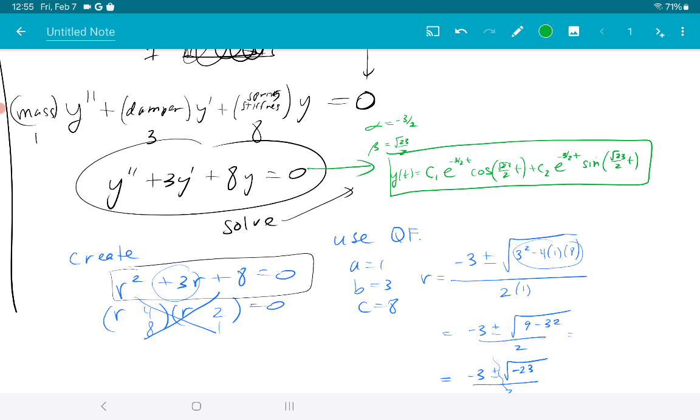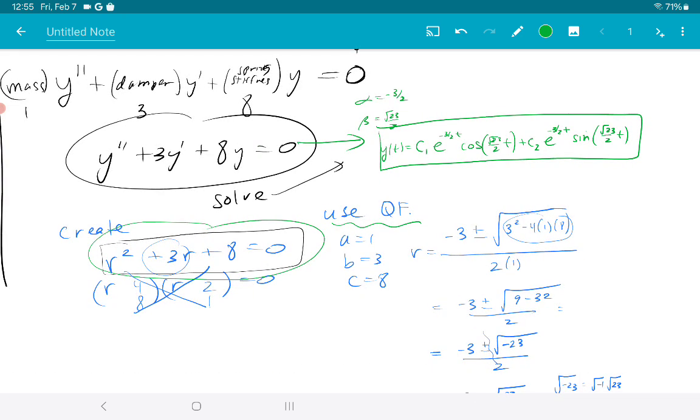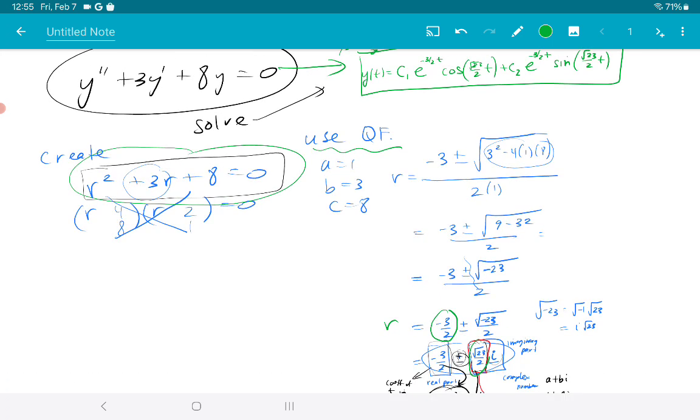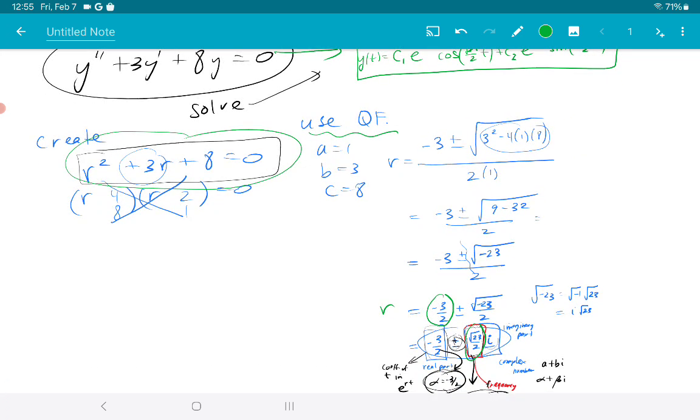And how did we get it? Well, when we solved this auxiliary polynomial equation using the quadratic formula, how did we get the -3/2? Because that was the real part of our solution. How did we get the square root of 23/2? That was the coefficient of the complex part.